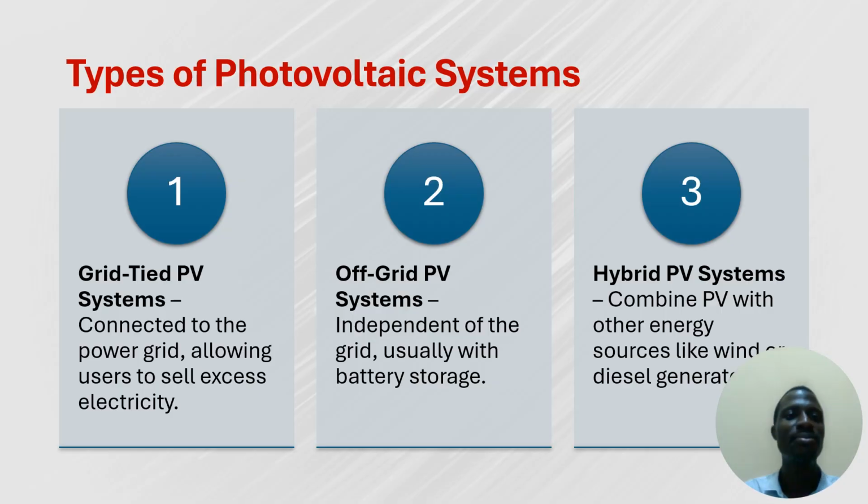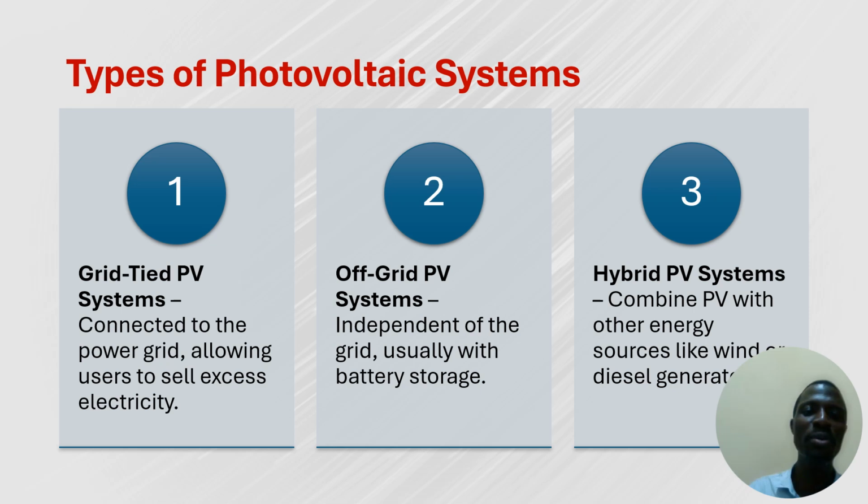So then, types of photovoltaic system, which we will discuss extensively later on in our subsequent studies. Grid-tied PV systems are the first type, usually connected to the power grid and allowing users to sell excess current. So you can generate electricity, use it, and also make the excess available, from which you make money.